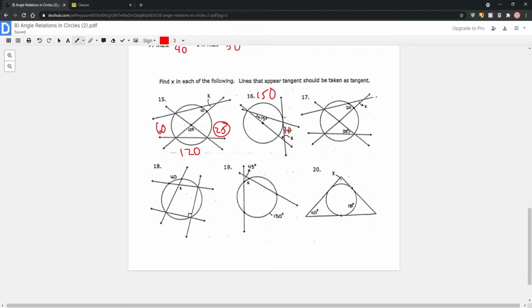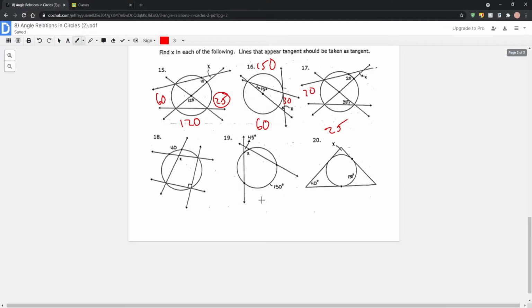And this will be 150 minus 30, which is 120 divided by 2, 60. Okay, x. We're given this inscribed angle again, so that's going to be 70. Using this, you get 70 minus 20, 50, 25.